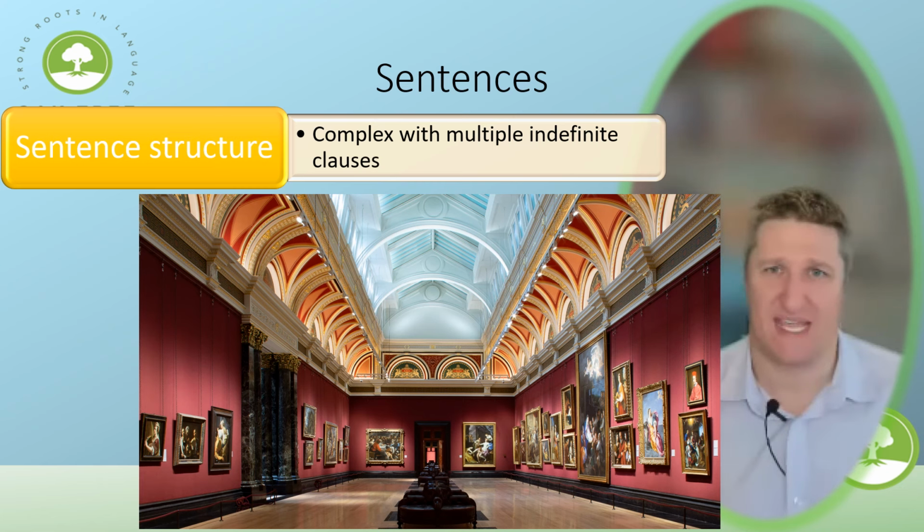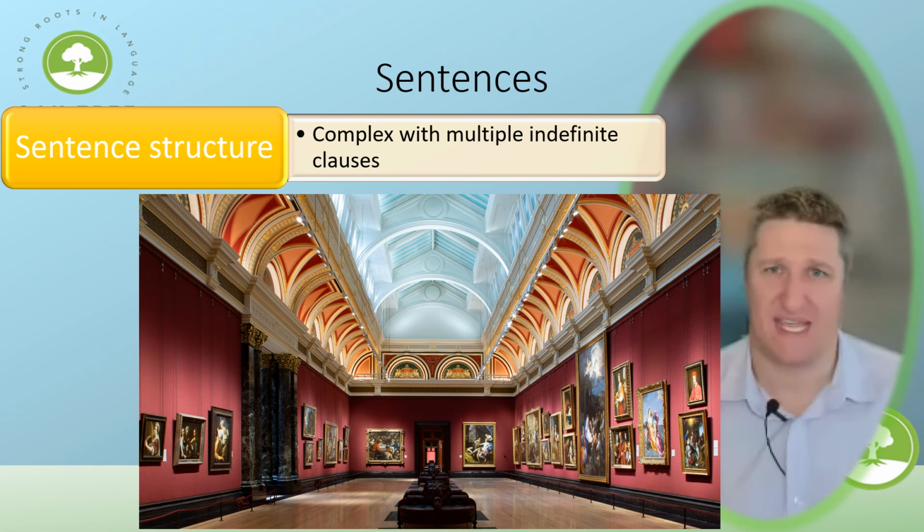The best time to visit is in the morning. Independent clause. Because all the tourists come later. Dependent clause. Which makes it too noisy. And that is another dependent clause. It's actually a defining clause, but we'll come to that in a little while.